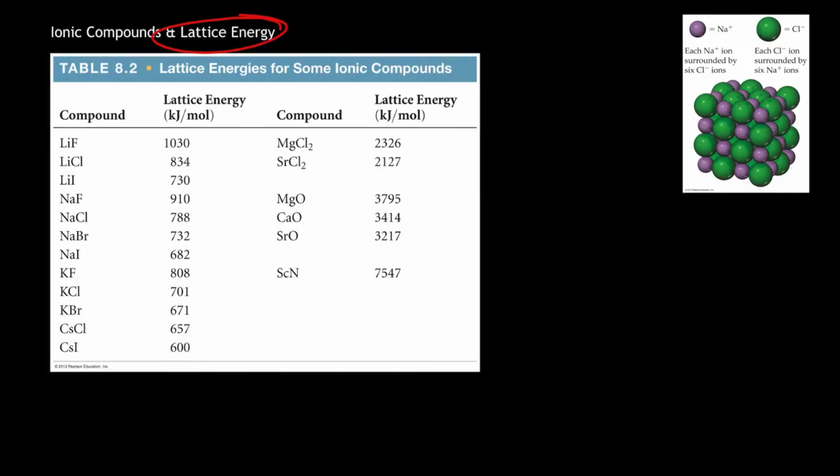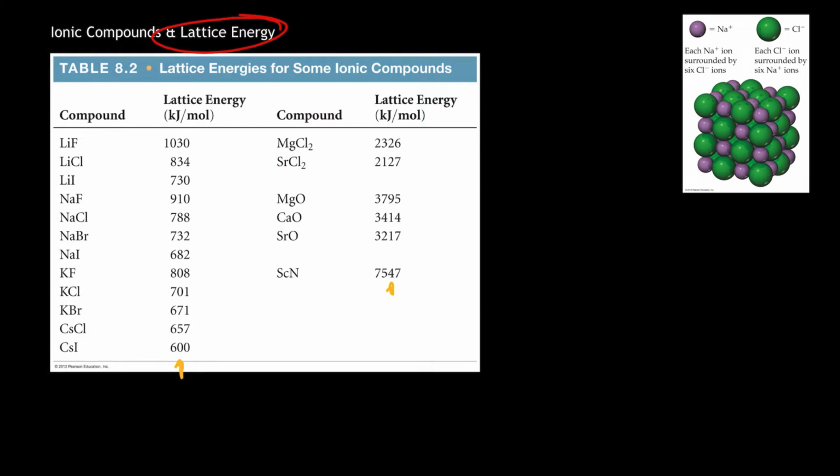Like I said in your outline, lattice energy, for whatever reason, does not have one clear definition. In your particular book, it's defined as the amount of energy required to break apart, since it's positive, the amount of energy put in to separate solid ions into their gaseous ions.